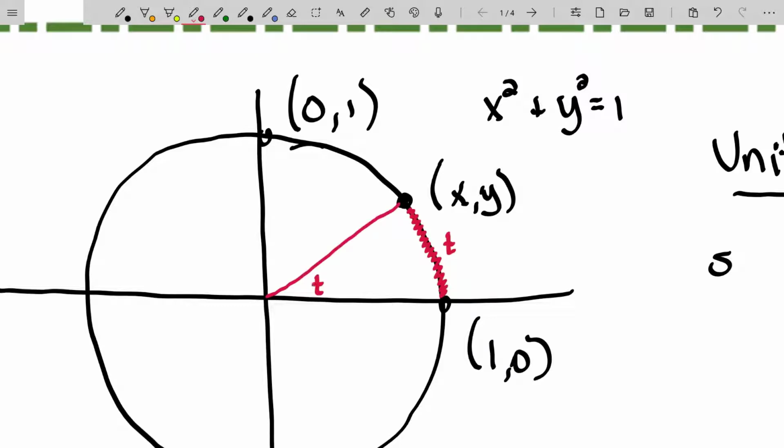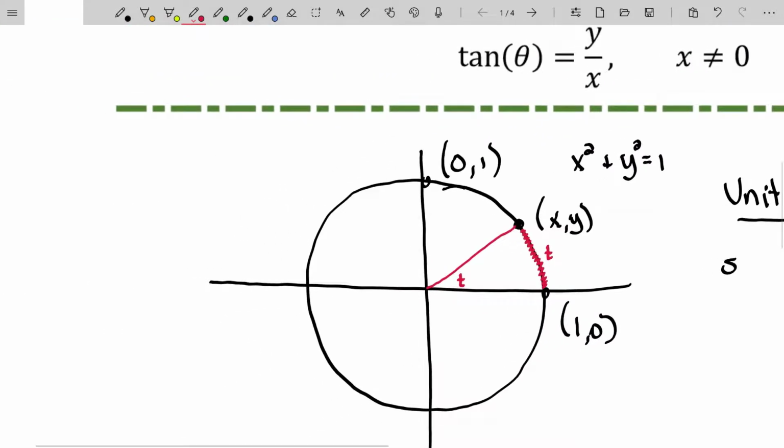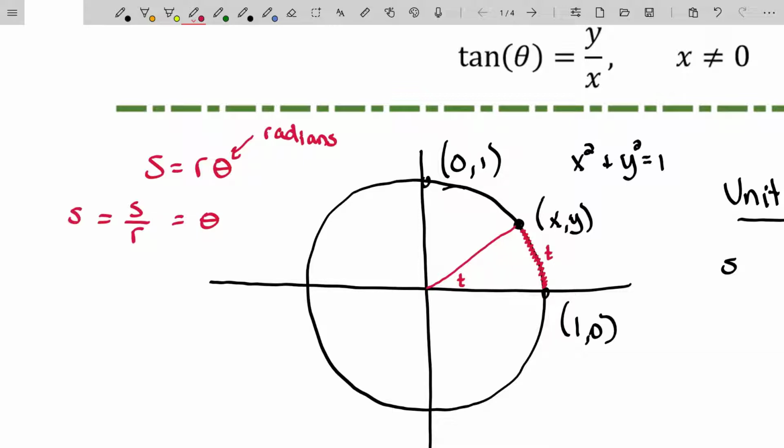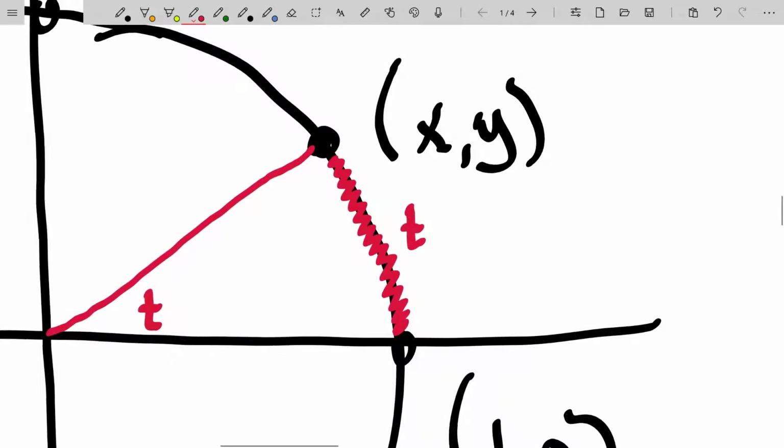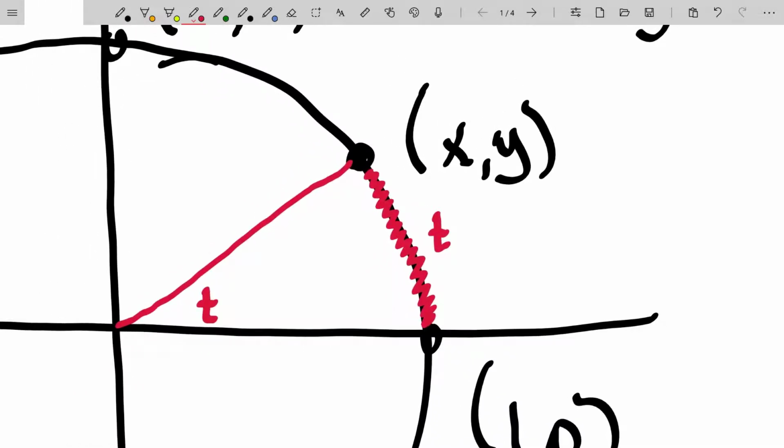And that angle, if it's measured in radians, is the same as the arc length, because there's this relationship between arc length, radius, and angle in radians. That's just a recall from something we've talked about previously. Therefore, the angle in radians is arc length over radius, but in a unit circle, radius is 1. So the angle is just equal to the arc length. So for arc length, we call it t. The angle would be t, again, in radians.